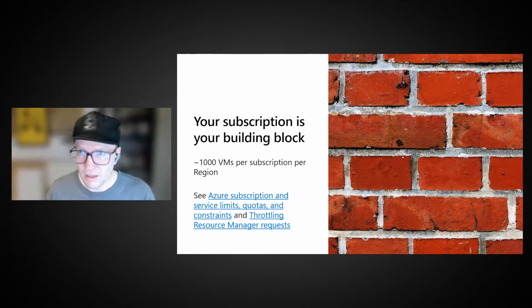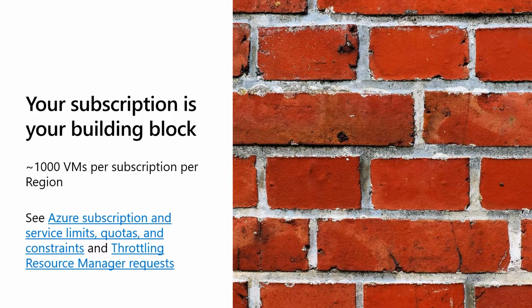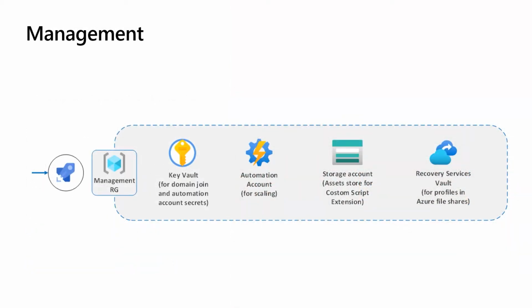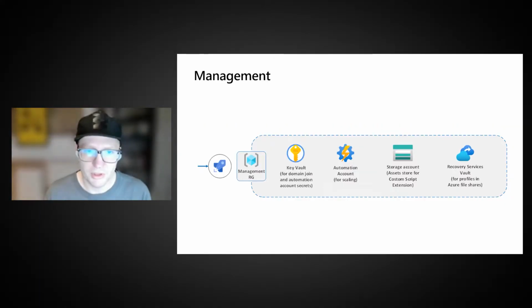All right, so let's go into some of the components of a Windows Virtual Desktop environment. Let's talk about management and a resource group for your management environment. These are things which have a very long life cycle and will always be there. So we're talking about your key vault, whatever automation account you're using for scaling, your storage account, and your recovery services.